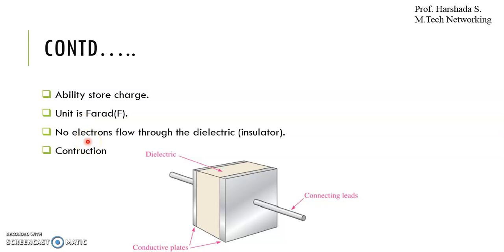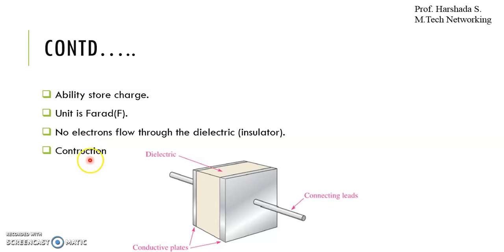I already told you in the previous slide that dielectric materials like air, vacuum, glass cannot flow electrons. The two plates, positive and negative, conduct the electrons. So whatever charging happens is between those two plates, not in the dielectric region.